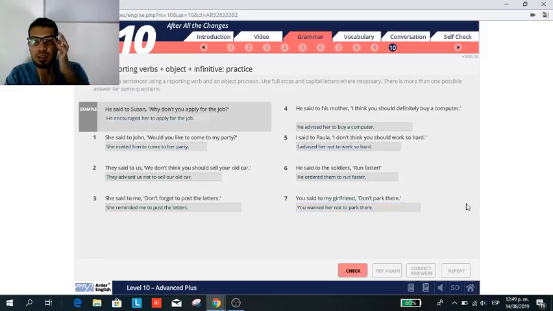Okay, so if your answers match with mine, then we're in the same level. I am B2 in the Common European Framework. Of course, I need to learn a lot more, but I think this is my level. So you warn her not to park there.